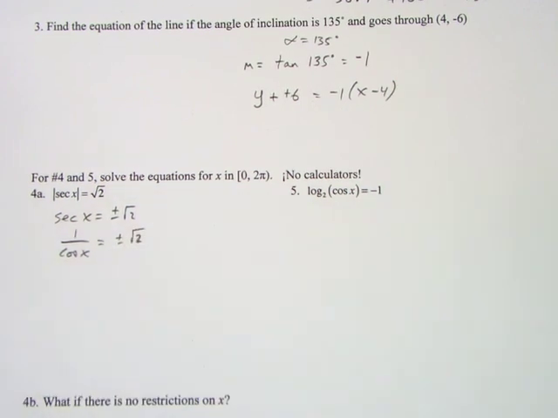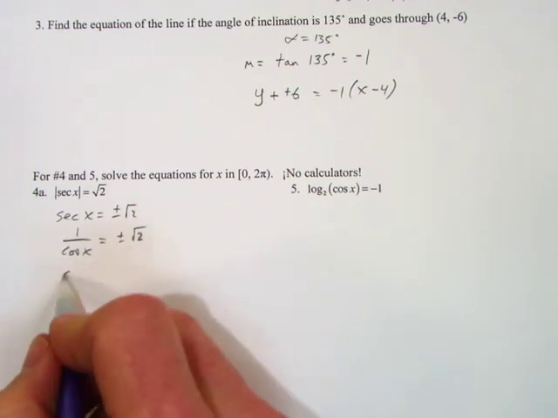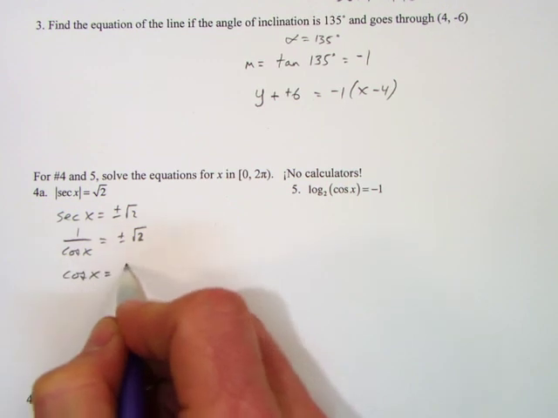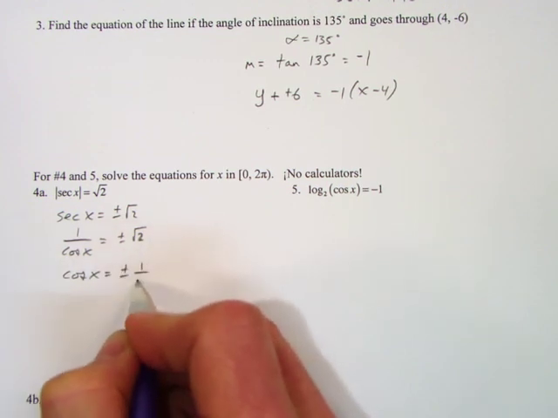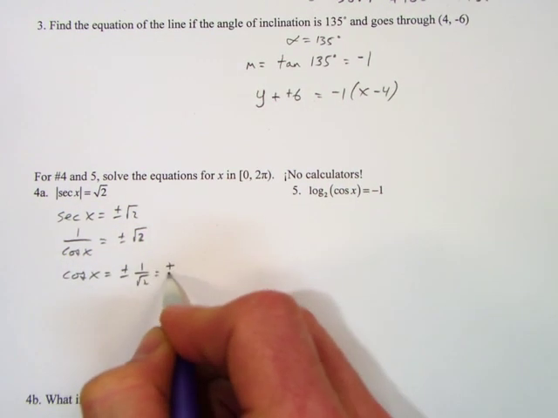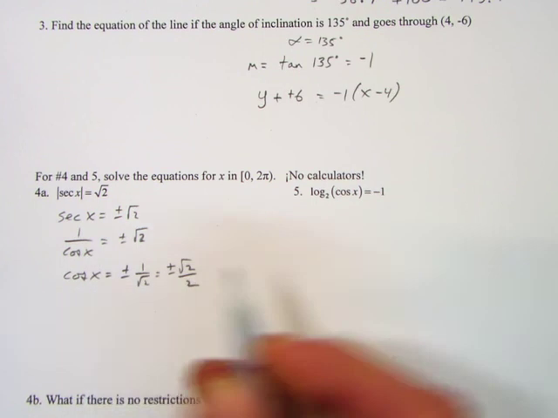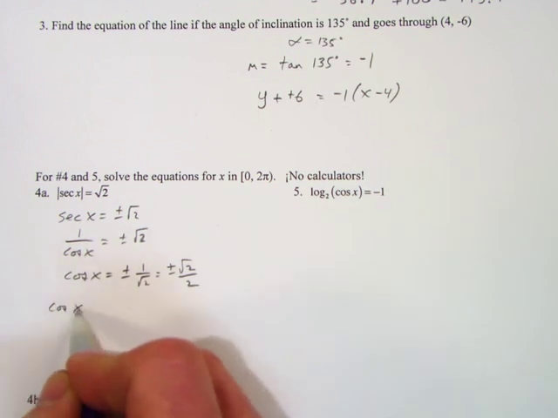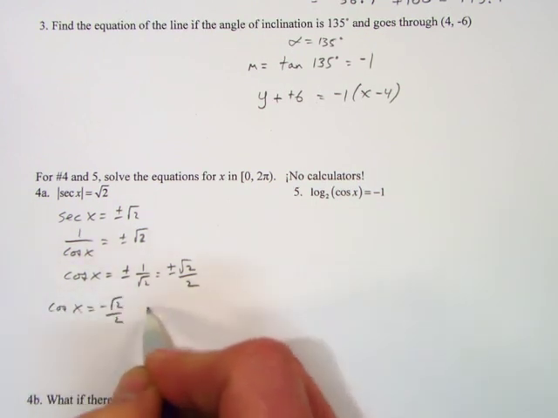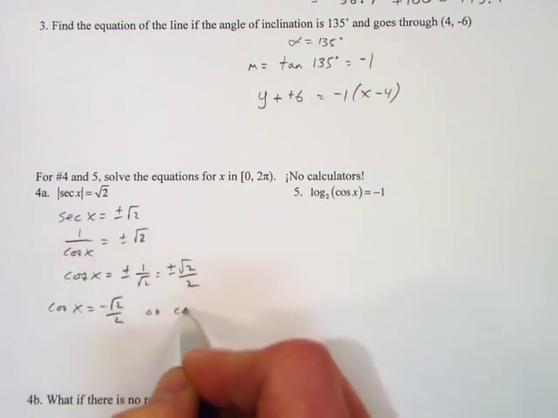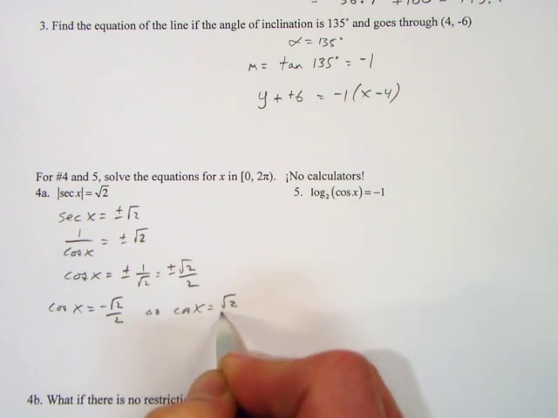Remember, I went over this one last class. If two fractions are equal, their reciprocals are equal. So the cosine x equals plus or minus 1 over root 2, which is plus or minus root 2 over 2. So we have two equations, cosine x equals negative root 2 over 2, or cosine x equals positive root 2 over 2.